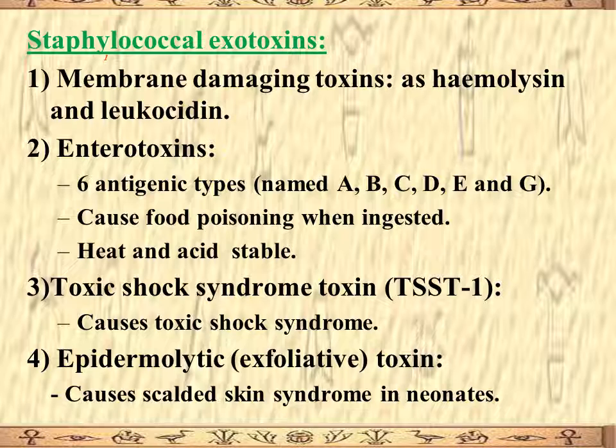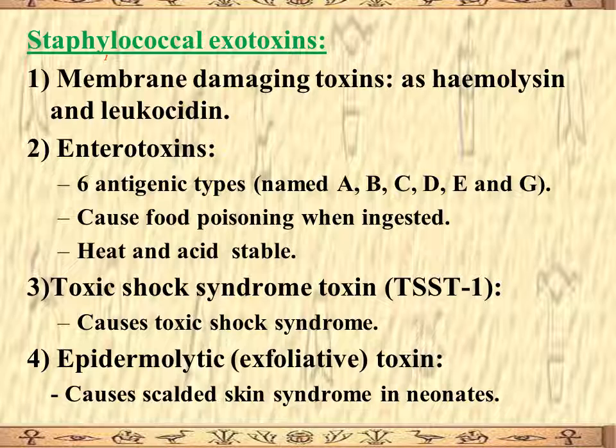What about the exotoxins? These are toxins which are secreted by this bacteria to diffuse through the body, damaging different structures inside it. The first type of the exotoxin is the membrane damaging toxin, such as hemolysin that acts on the RBCs producing their lysis, and leukocidin that acts on the leukocytes producing their damage.